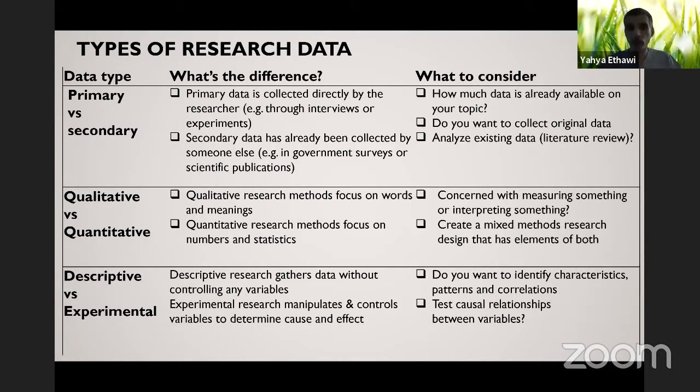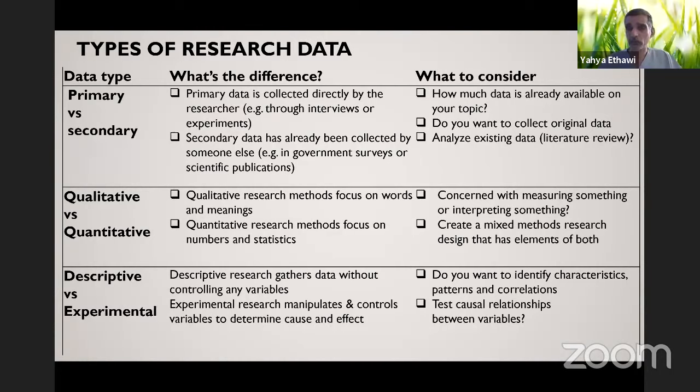Descriptive versus experimental. There are dependent and independent variables, if you remember from the previous session. In descriptive, you do not interfere. The independent variable causes the dependent variable. You just go and look at it. You have smoking causing lung cancer.